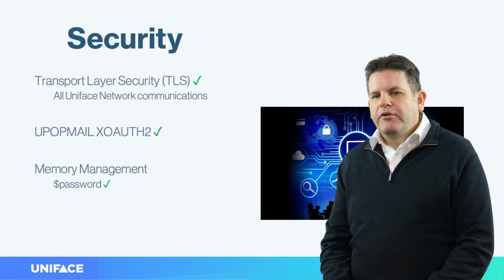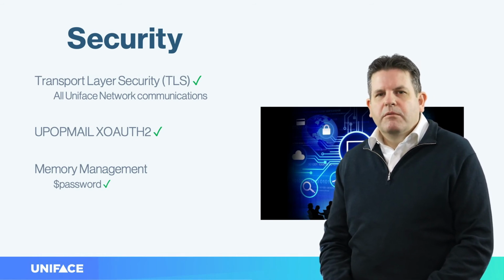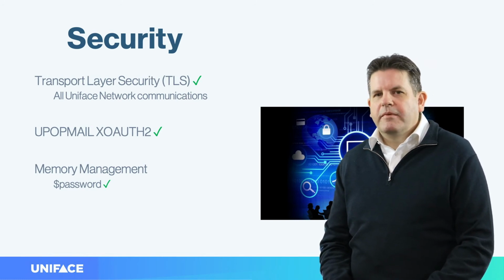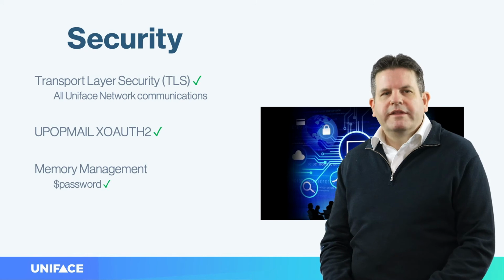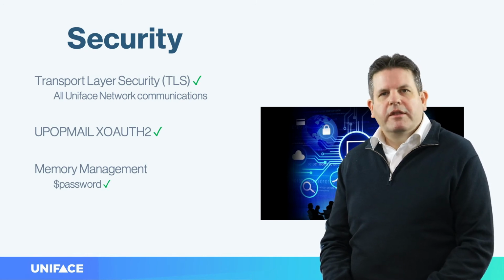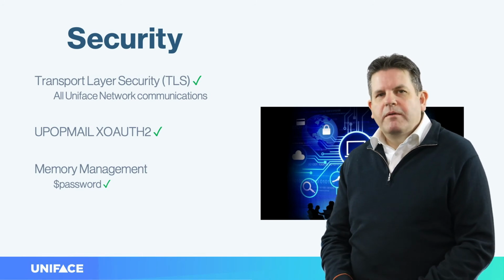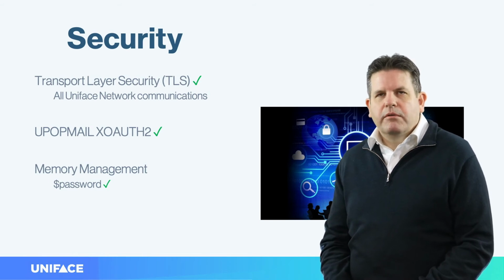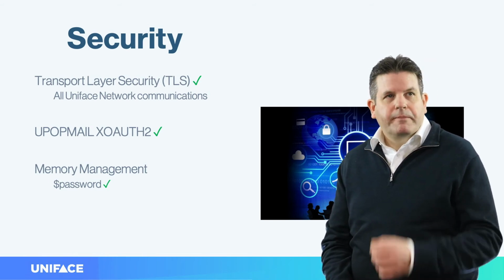We've also made sure that, where a client is outside of the firewall, username and passwords and other internal information is all held internally, is encrypted, and all the memory is cleaned up. So we are constantly improving security within the Uniface environment.